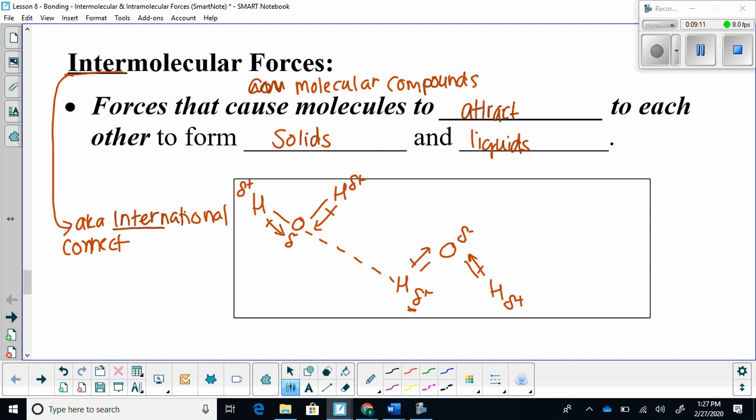Okay, so an intermolecular force is the ability to attract another molecule. They're making an intermolecular connection.